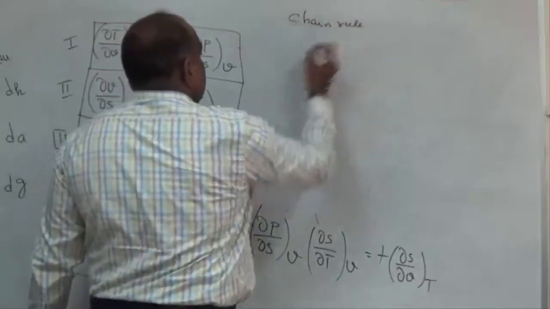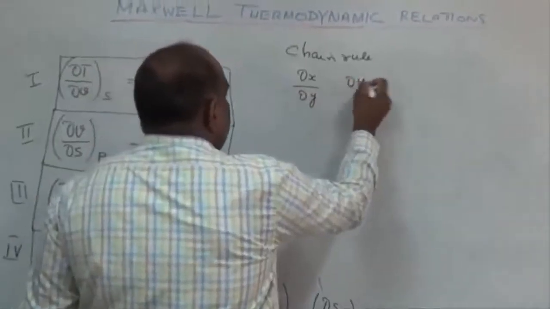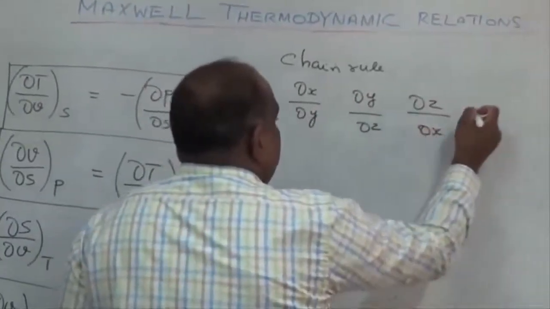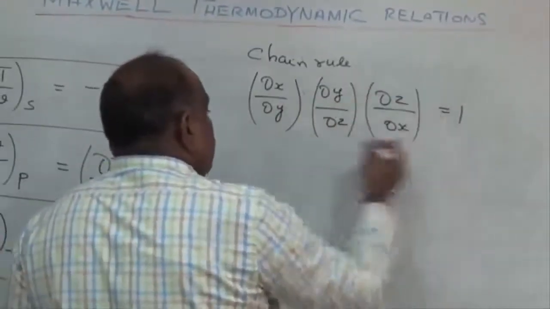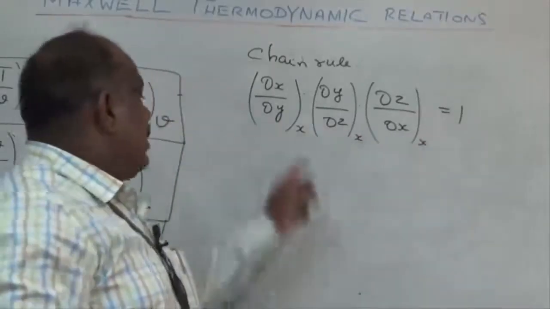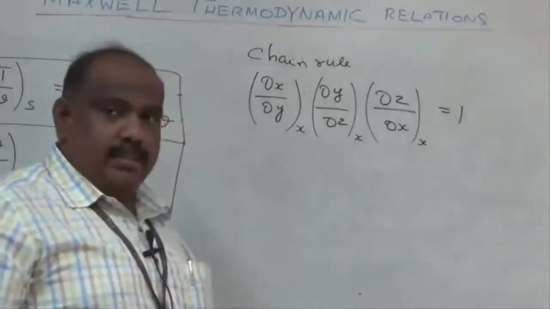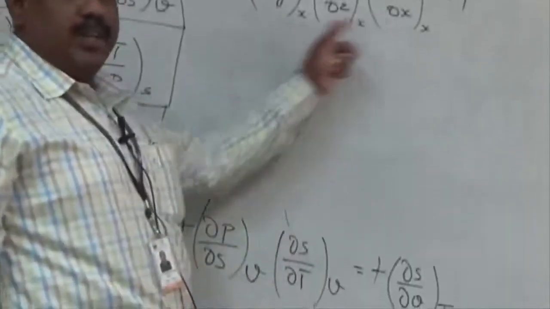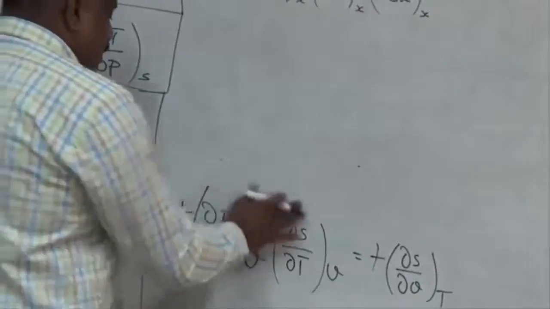The chain rule says that ∂X/∂Y into ∂Y/∂Z into ∂Z/∂X will be equal to 1. When will it be equal to 1? When all the variables are at some constant variable, say X or Y or Z. Here the common variable is V. But there are only two terms, and there should be three terms in the expression. I will come up with that one.